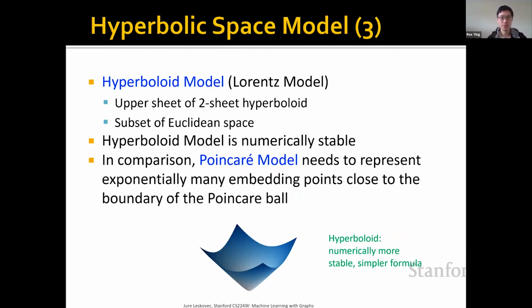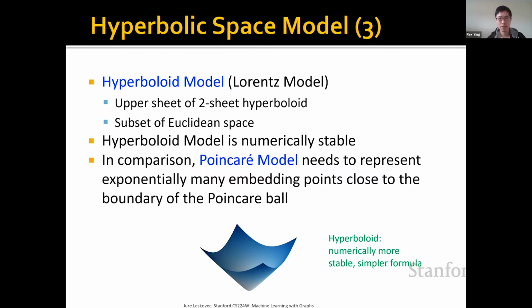Here it is basically a hyperboloid with no upper bound, so the numbers can grow very large, but it does not require a high number of floating point precisions to represent the exponentially many points that are towards the edge of the Poincare ball.